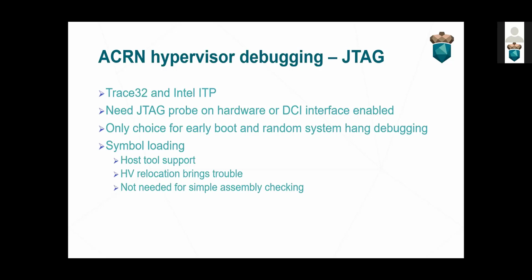Different software have different configurations. For example, Trace32 could handle the symbol offset totally, so it's very convenient. But some software cannot. You need to do some manual configuration to let the software load the ACRN symbols.